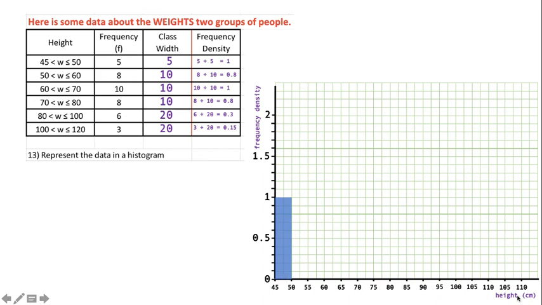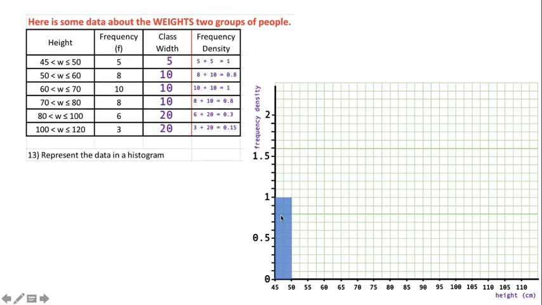Yeah, so it's supposed to represent a weight of 45 to 50 kilograms. I certainly don't know many people who are only 50 centimeters tall. And the height of the bar is 1 unit, but the area of the bar is 5. So it's that area of 5 that represents the frequency.